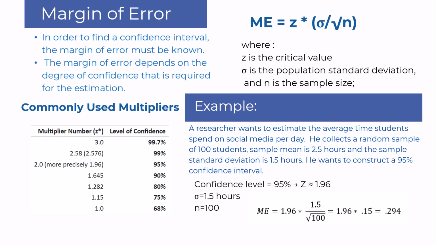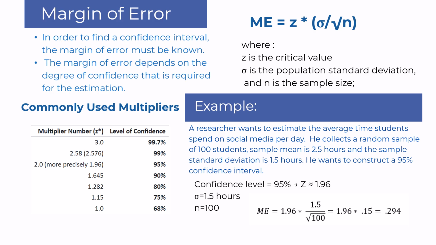So we have here the margin of error, which again, is one of the components in computing for the confidence interval. So the margin of error depends on the confidence that is required for the estimation. So you can see here the formula for the margin of error.